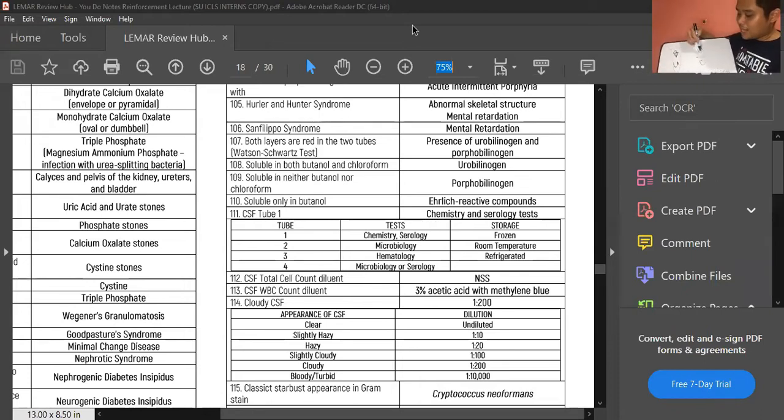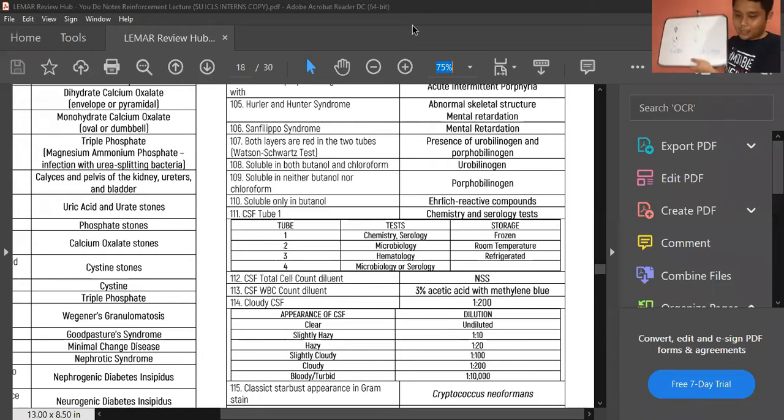In contrast, if the upper layer, urine, is red, and the lower layer in butanol is also red, meaning it is not soluble in both butanol and chloroform, that is porphobilinogen. And lastly, if it is red only in the butanol upper layer, and red in the upper layer of the chloroform tube, meaning nothing was extracted into the chloroform below, that is other Ehrlich reactive substances. Basically, where it is red, that means the substance was extracted or is soluble there.